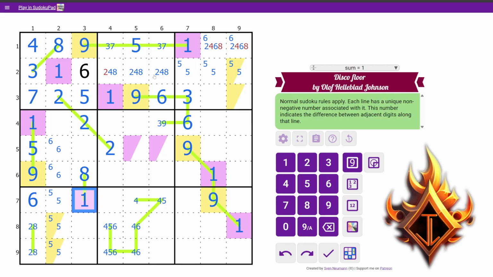That is good. So this is a 2, 6 now. I should know this row. 5, 7, 9. And this one must be the 9.